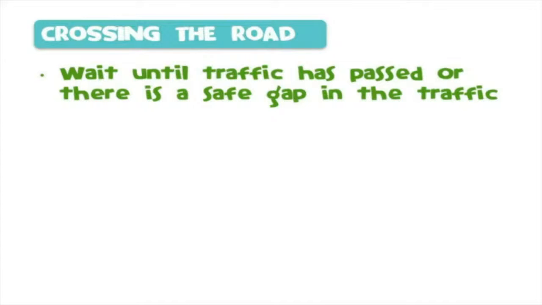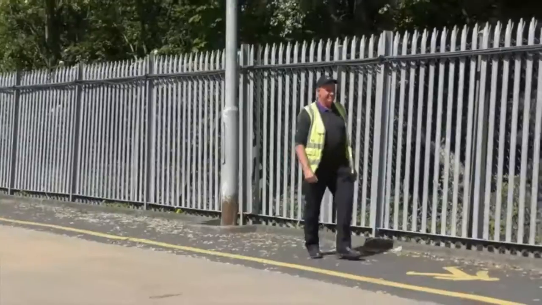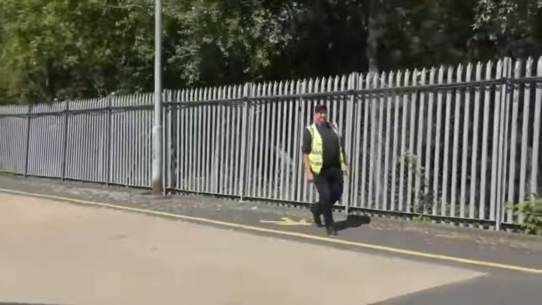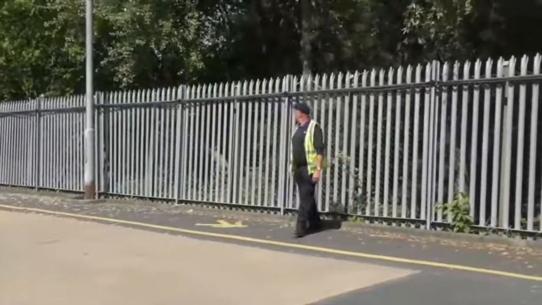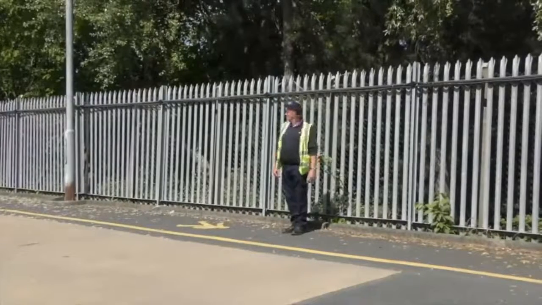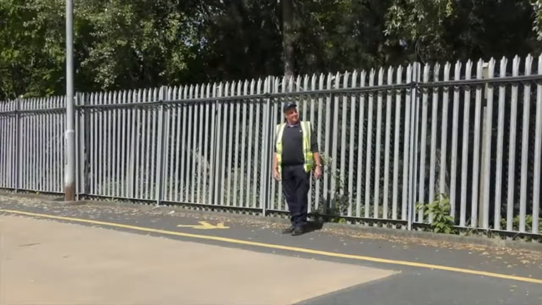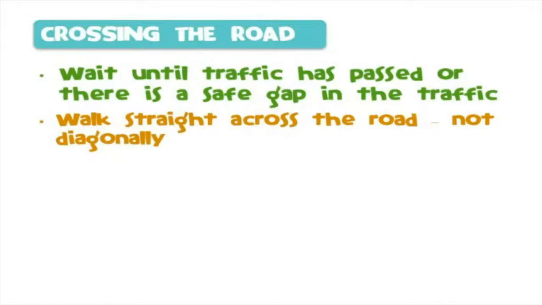These are the things that you must remember when crossing the road. Wait until traffic has passed or there is a safe gap in the traffic. Make sure to walk straight across the road, not diagonally.